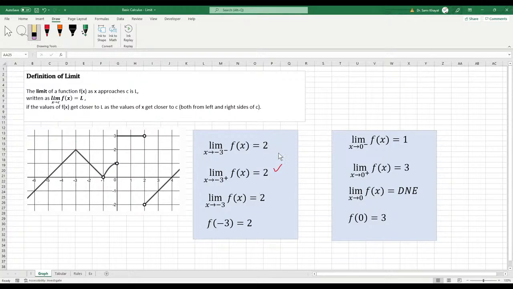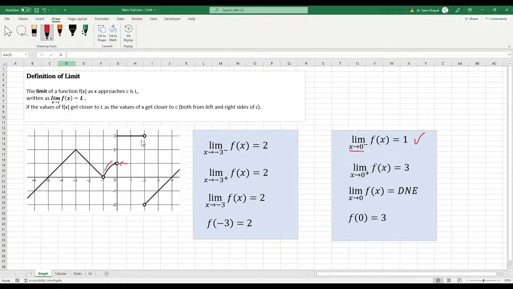Now let's see another example. Let's say we approach 0. This is the 0 here. If I approach 0 from the left side, if I go from here, I will reach 1. That's why if I approach x from the left side, I get 1.